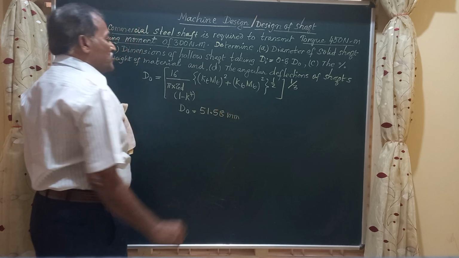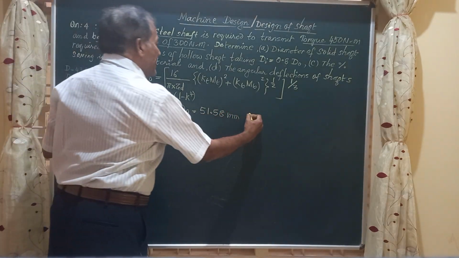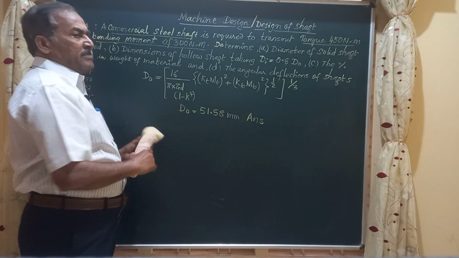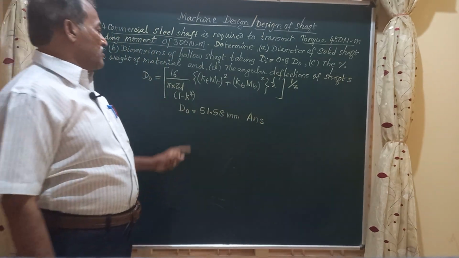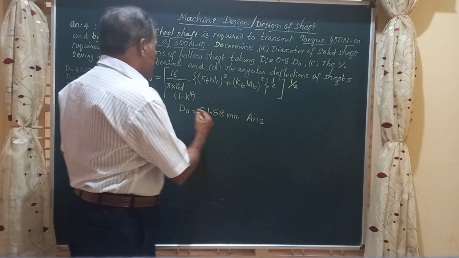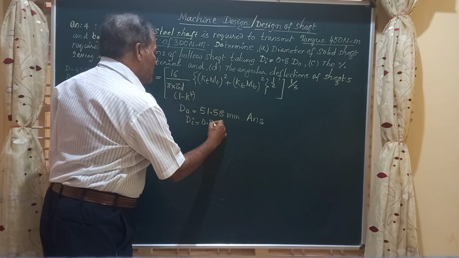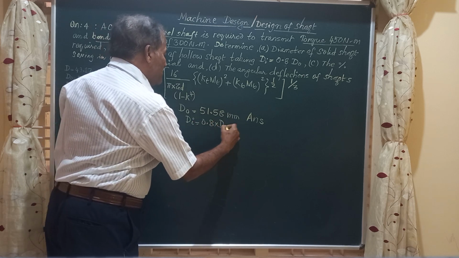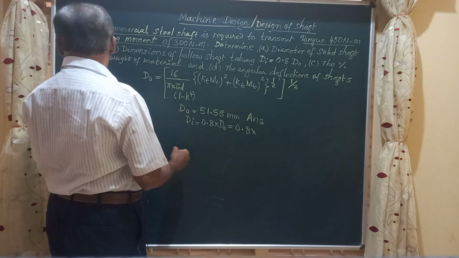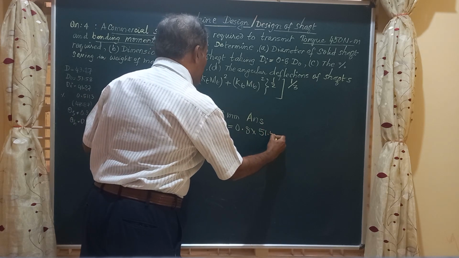So this also I am not going to round up. We will keep it as it is. So this is the answer for the second part, that is, the outside diameter of the hollow shaft. Then what is the inside diameter? The inside diameter is 0.8 times the outside diameter D0, which is equal to 0.8 times 51.58.